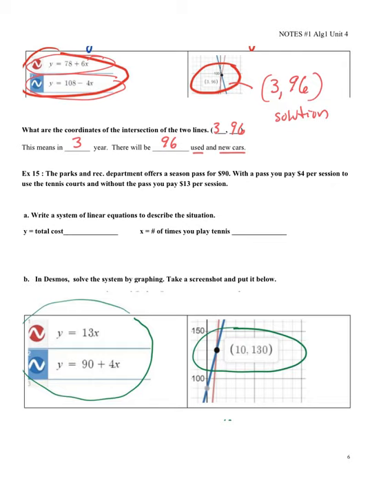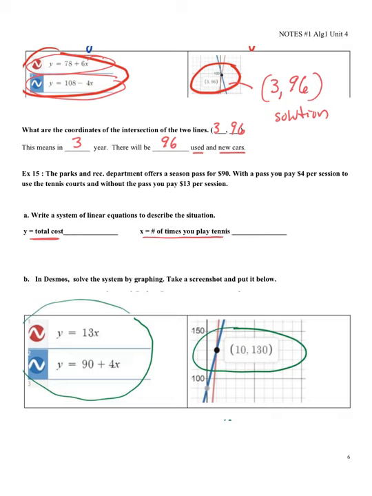Example 15 is about a Parks and Rec department offering a season pass for $90. With a pass, you pay $4 per session to use the tennis courts, and without the pass, you pay $13 per session. So y is the total cost, and x is the number of times you play tennis.